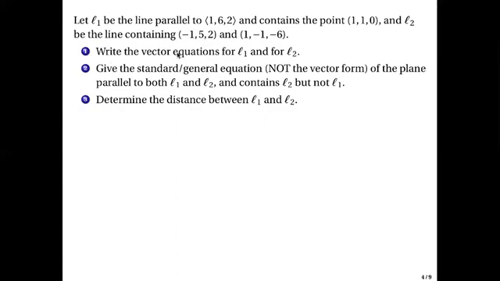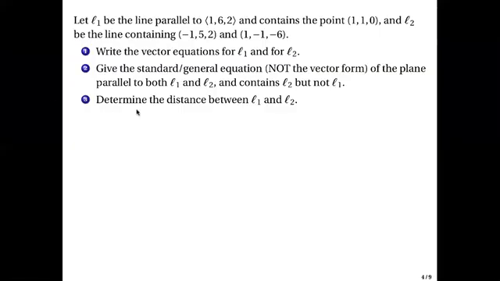First, we want to write the vector equations for L1 and for L2. Second, we want to give the standard or general equation, not the vector form, of the plane parallel to both L1 and L2 and contains L2 but not L1.